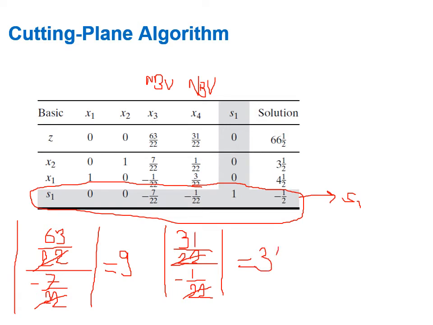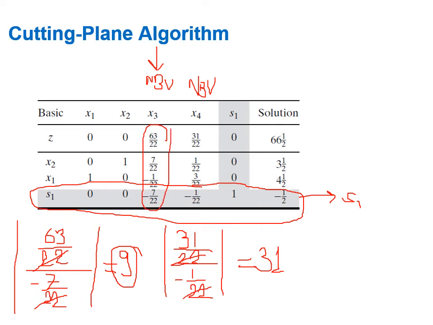So these are the ratios of x3 and x4. The algorithm says to select the smallest one as the entering variable, which is this one. So x3 enters. Now x3 is the entering variable, s1 is the leaving variable, and this is our pivot column.